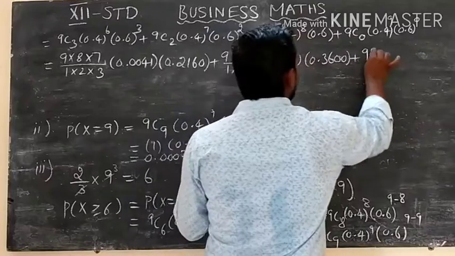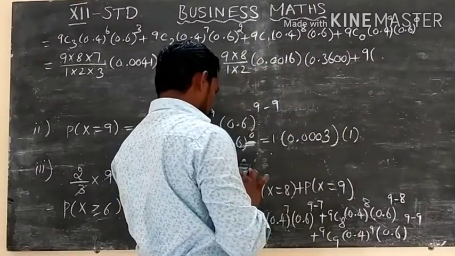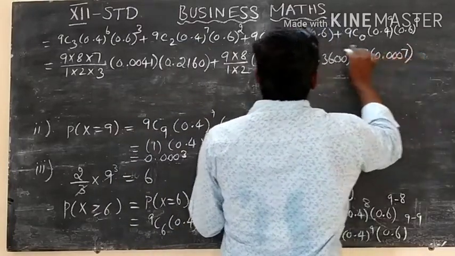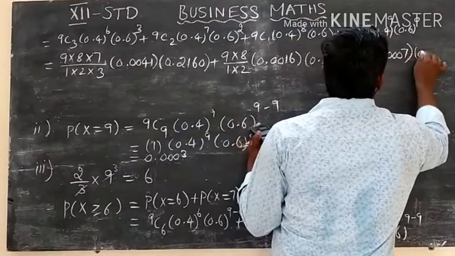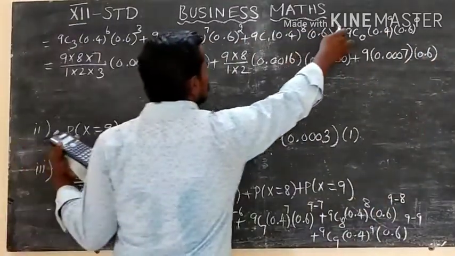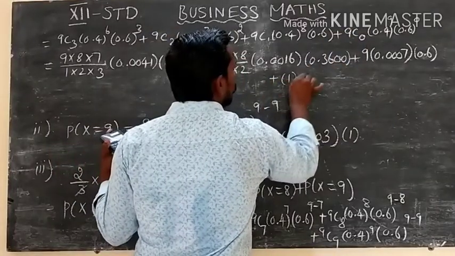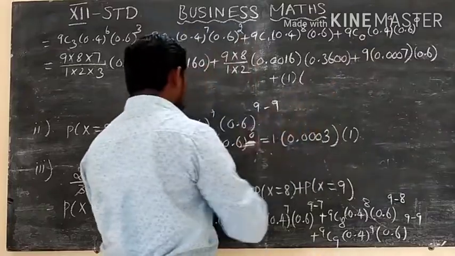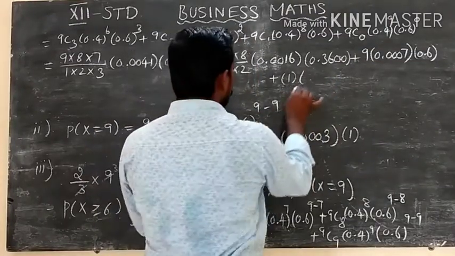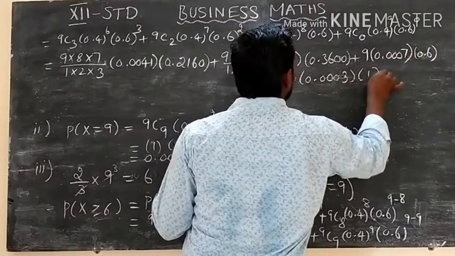Then 0.4 power 8, which is equal to 0.007. And this is power 1 times 0.6. Okay. So next this one plus 9C0, the value is 1, then 0.4 power 9, which is equal to 0.003. So any number power 0 is 1.